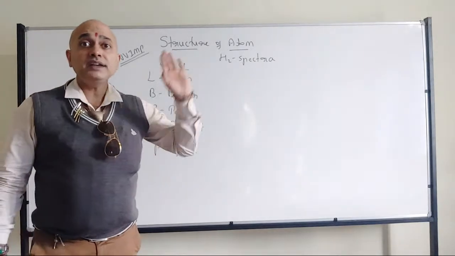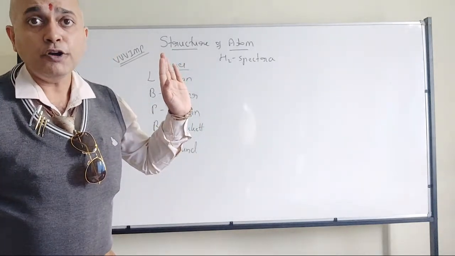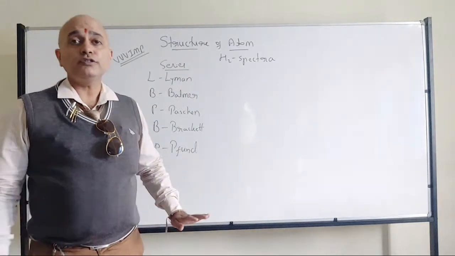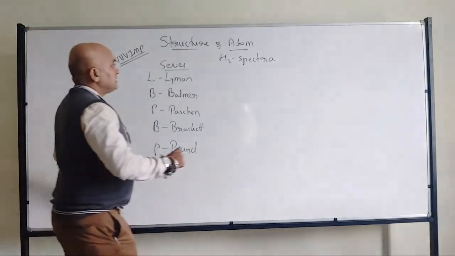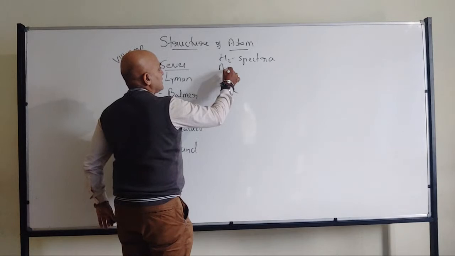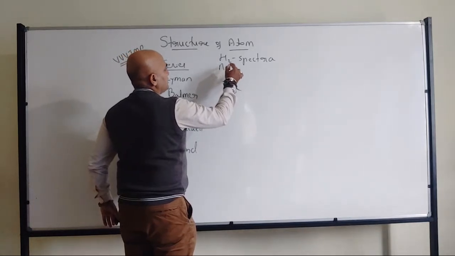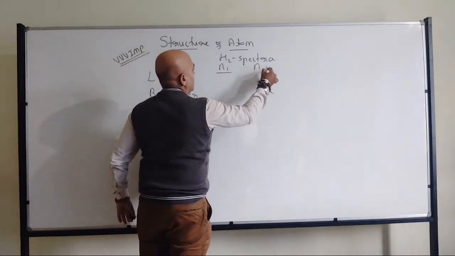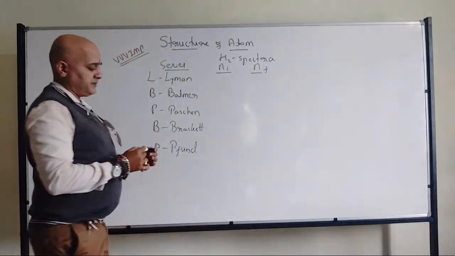Position should not be interchanged. You are going to lose the marks. Definitely you are going to lose the marks. Now, in this case, we write ni, the initial energy level, and nf, the final energy level.